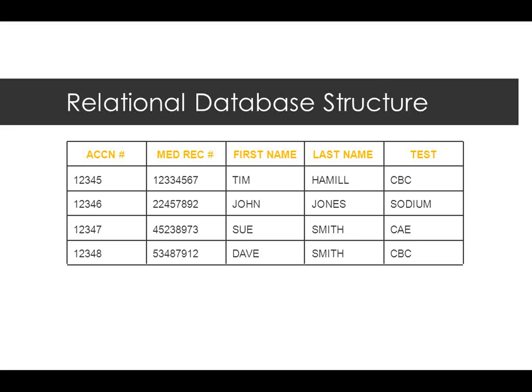Relational database structures, then, you can essentially think of as a two-dimensional grid. Okay, so here's a relational database where I've got accession number tied to a medical record number, tied to name, and tied to a test. So this might be the accession number relational database that relates the accession number to what tests were ordered.